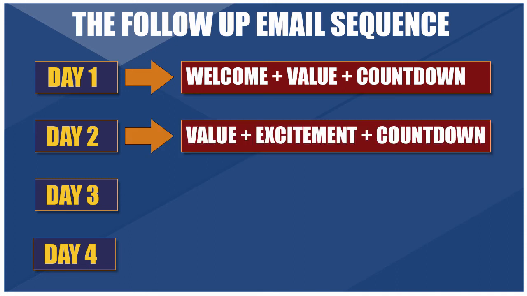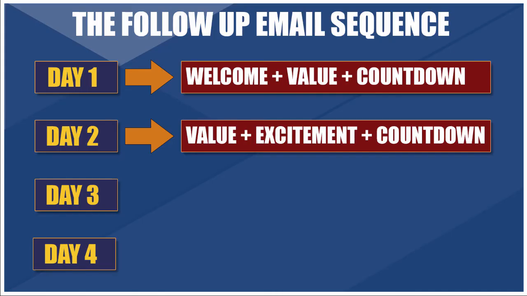On day 2, we send them more valuable content. Here, you're actually training your subscribers to open your emails, because they'll know if they do, then they'll get some really good stuff. You're creating a psychological anchor here. Also in this email, you want to tease the special offer.